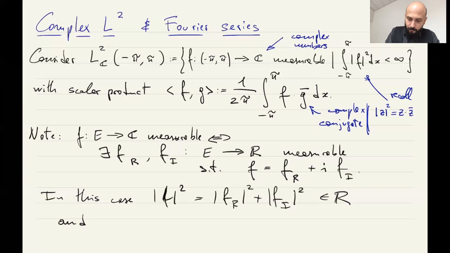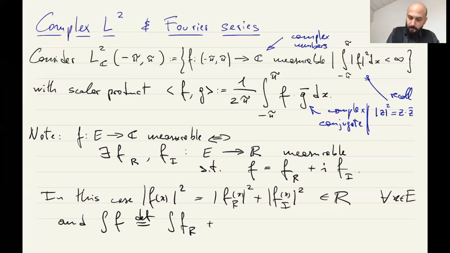I will put the evaluation at the point, because I don't want people to think that these are not functions. When you evaluate at a point, it becomes a real number. And the integral of f, by definition, is the integral of the real part plus i times the integral of the imaginary part. And now this is a complex number.